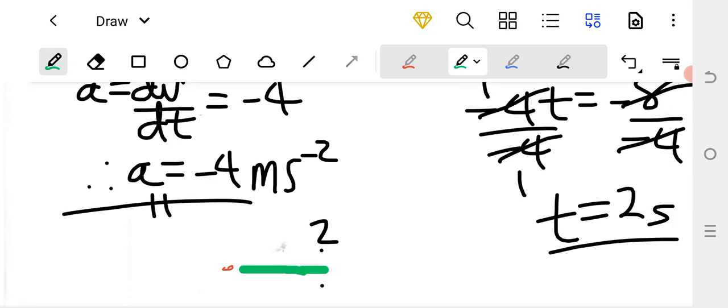So right here it's going to halt. When a particle comes to instantaneous rest, remember this is our fixed point here, it will turn around and start moving in the opposite direction. So it will start moving in the opposite direction in a straight line, not what I've done. It will turn around and start going like that.